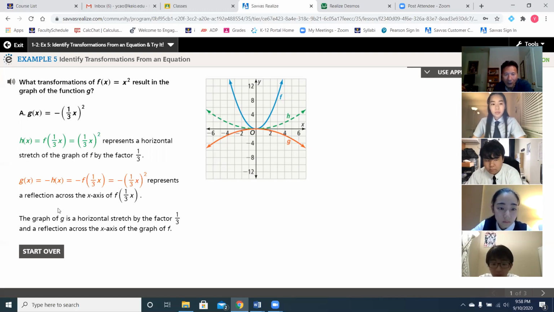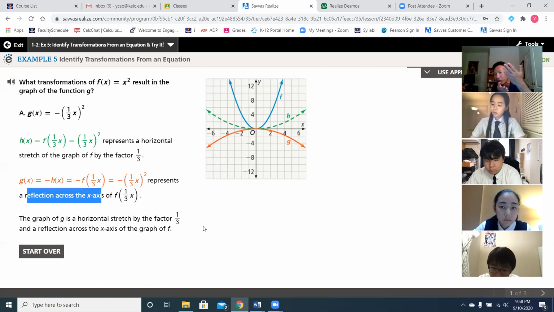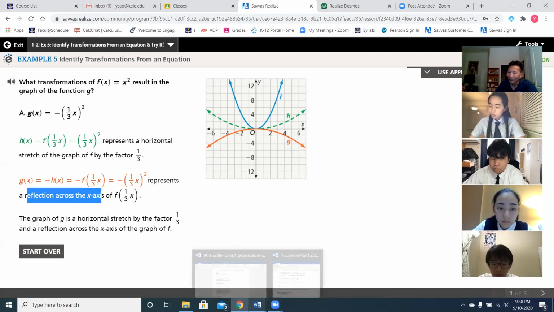Because of the negative, a reflection across the x-axis. So the result is the same. The order is different. You can flip over first, then stretch it, or stretch it, then flip over. Any questions? If you don't have questions, it means you understand, right?